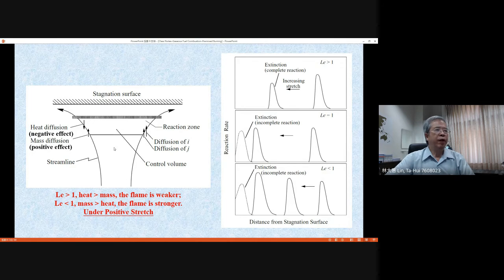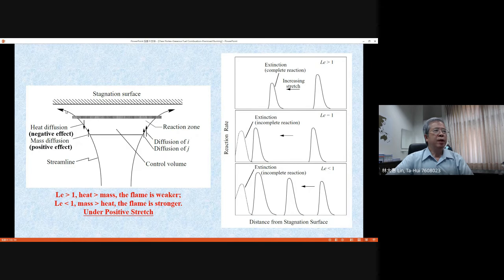If you have a fresh flow coming from far upstream, approaching the edge of the preheating zone here, up to here the process is governed by diffusion. Mass diffusion will point to the flame surface. This arrow represents the mass diffusion direction.